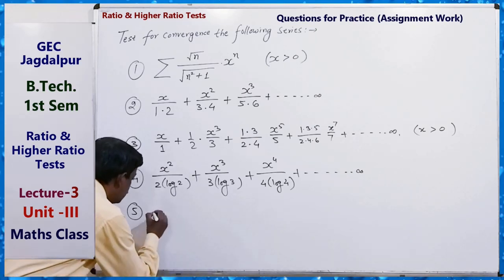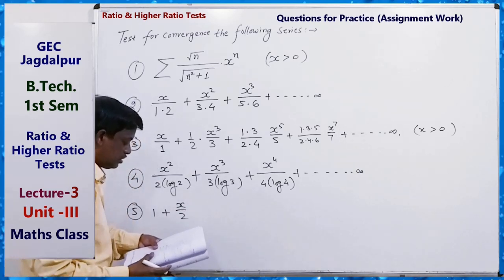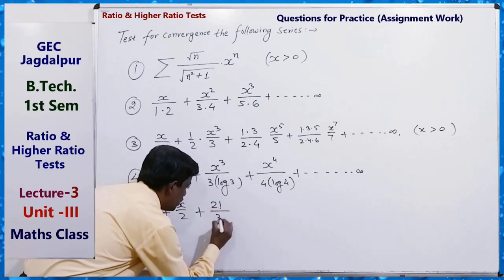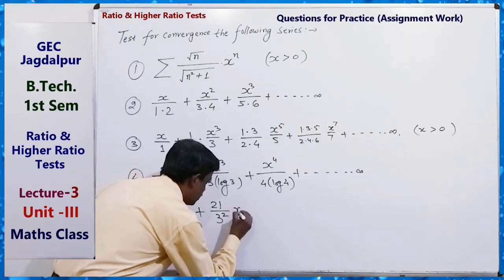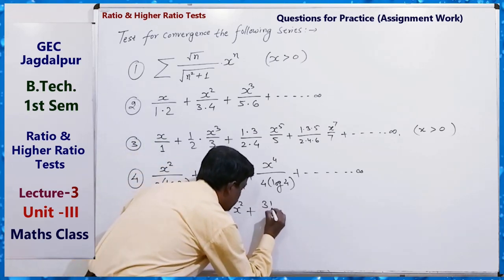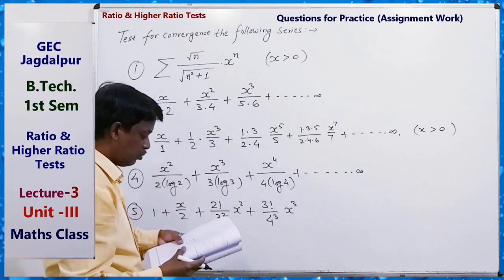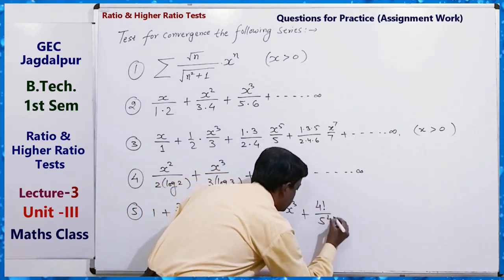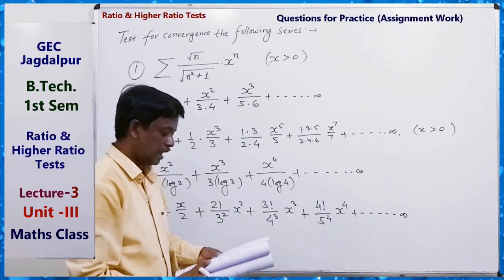One plus x by 2, plus 2 factorial by 3 square x square, plus 3 factorial by 4 cube x cube, plus 4 factorial by 5 power 4 x power 4, where x is greater than 0.